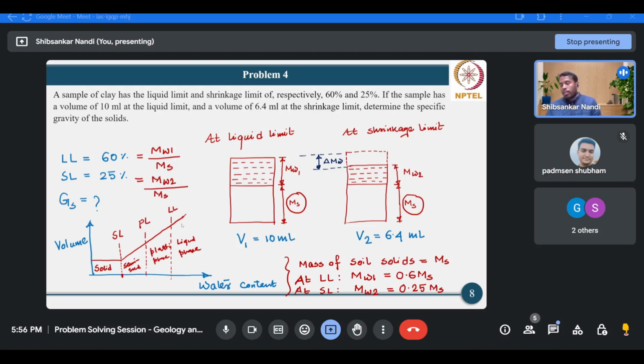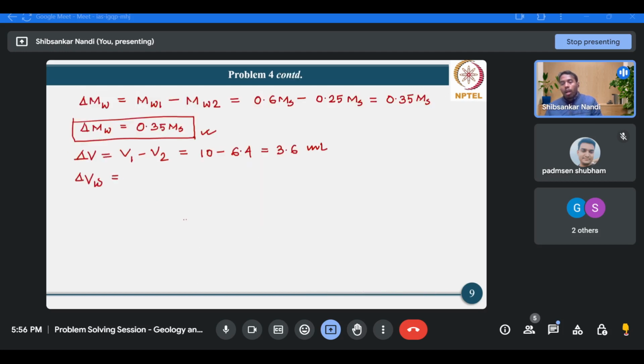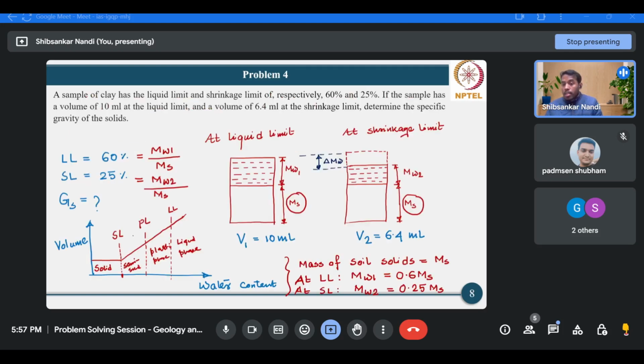So this is the conclusion. This delta VW will be nothing but 3.6 ml. The entire change is contributed by the volume of water only, and no air, because the soil is under complete saturation, and this is up to shrinkage limit.